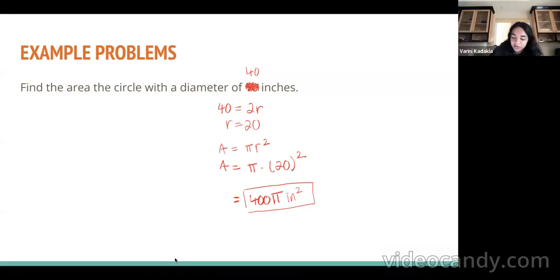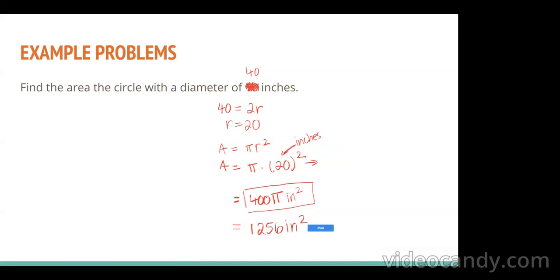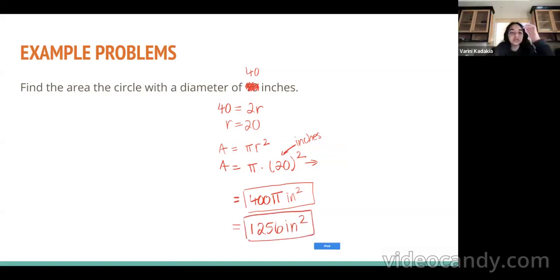The way you get inches squared is because it's 20 inches, so we're basically squaring the inches as well. So we get inches squared. And then if you were to multiply this out, you'd get about 1,256 inches squared. So either of these answers would have worked.